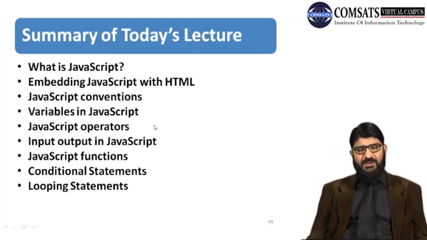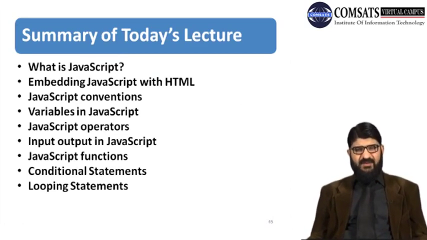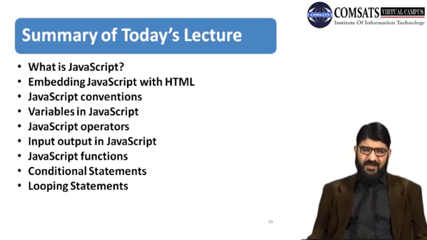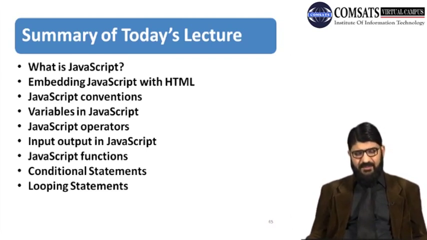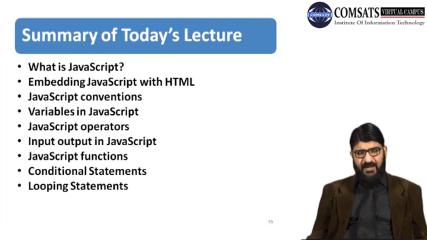So what we have studied in today's lecture: we have discussed JavaScript, which is a scripting language that can be used within HTML, with different conventions of inverted commas, single commas, semicolons and statements. We have seen that JavaScript is of two types: internal and external.